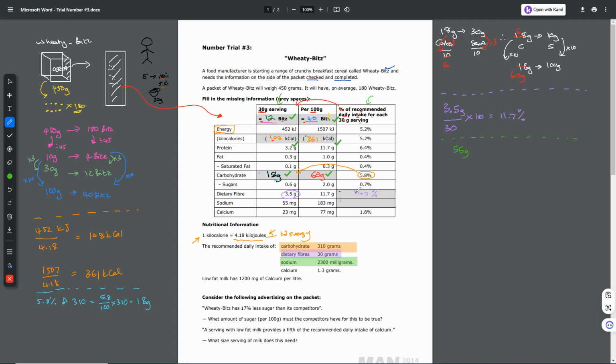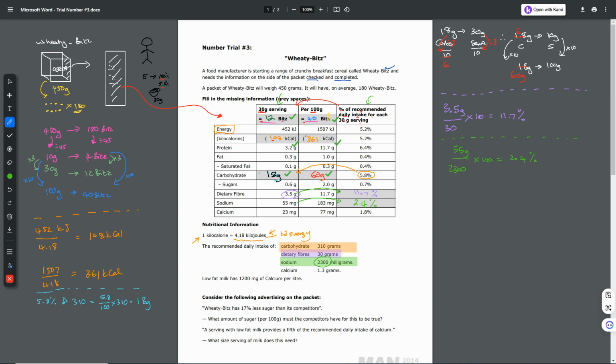So when we're calculating any percentages, they will only come from this number and not the 11.7. And over here, that'll come from the 55. So 55, we have to divide by 2,300 and then multiply that by 100. And that comes to 2.4%. And so this number here is 2.4% for that. All right, and that's the first part that we were asked to calculate.